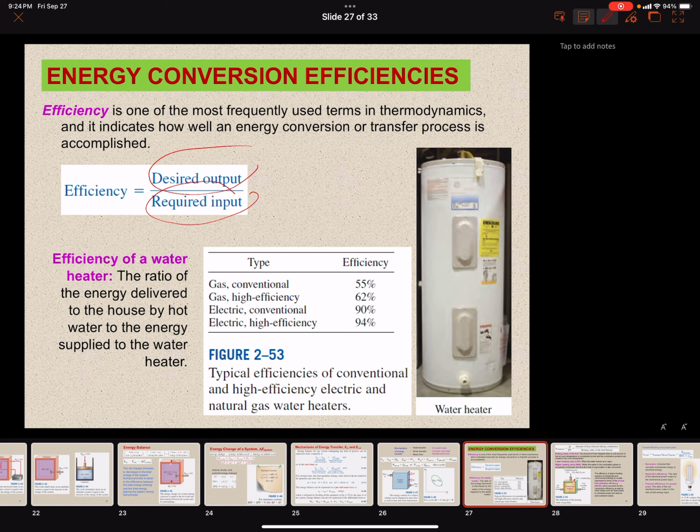And we can see the example of a water heater shows that the efficiency is the ratio of the energy delivered to the house by the hot water to the energy supplied to the water heater. For example, high efficiency electric water heaters can achieve efficiencies of up to 94%, meaning that 94% of the energy supplied is effectively used to heat the water.